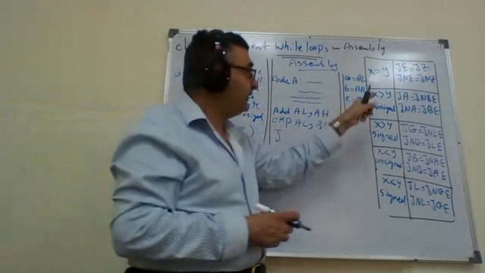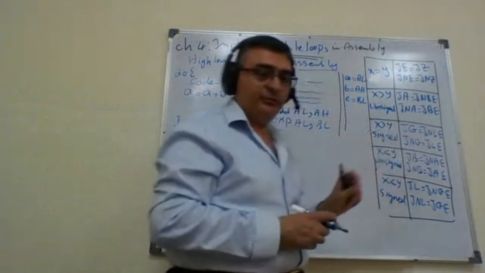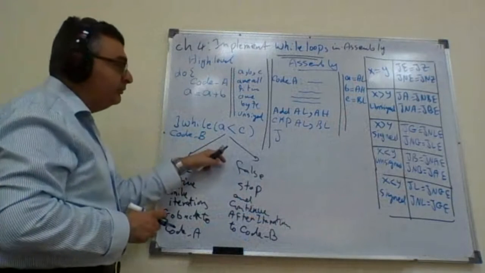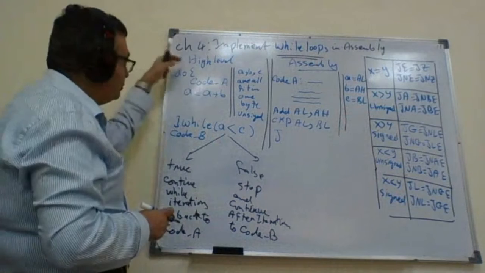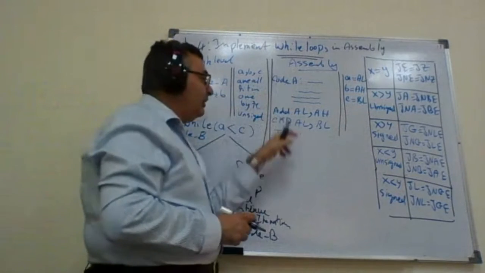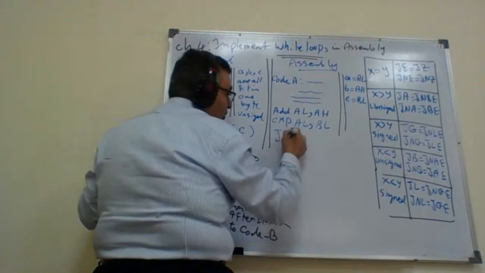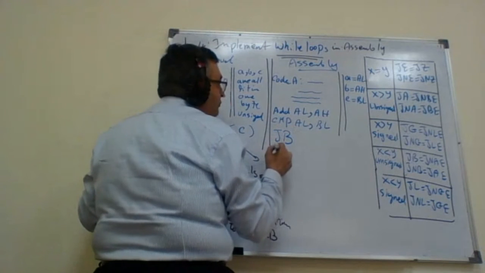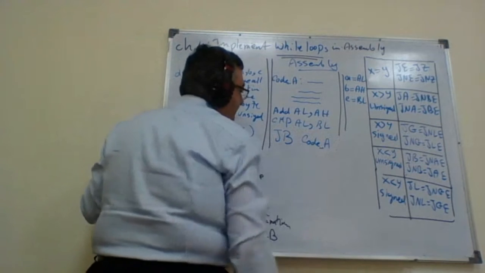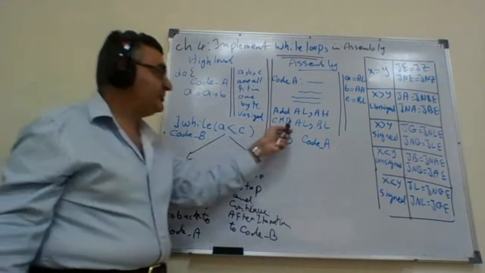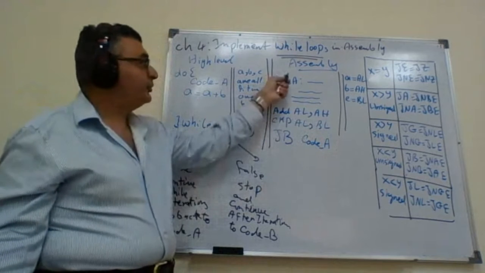Smaller for unsigned, through this table, I have to use below. If it is below, I want to continue looping. So jump if below, to where? To code A. So this is exactly matching this: jump if below to code A.